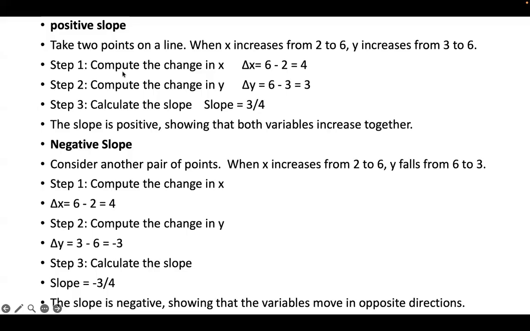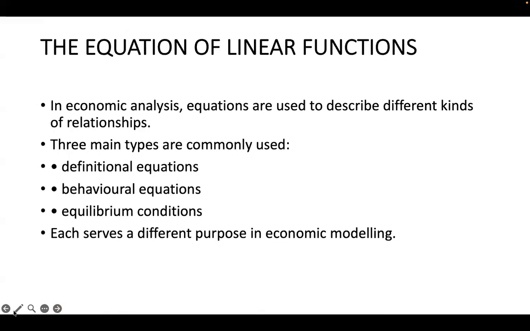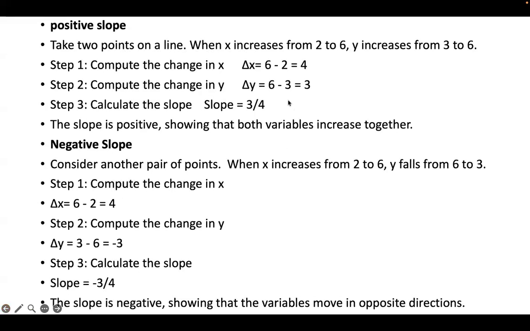Assuming x increases from 2 to 6 and y increases from 3 to 6, to compute the change in x, we subtract the first x from the second x, that's 6 minus 2, which gives us 4.